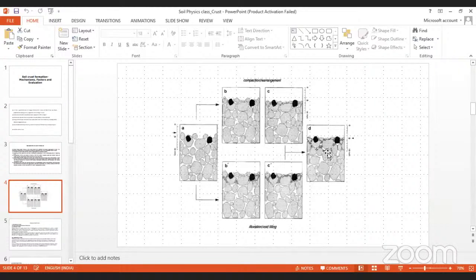After that, when rapid drying takes place, the surface tension force of the soil particles pulls dispersed particles, and a thin compact layer is formed on the soil. You can see here all these pores have been filled by dispersed soil particles, which restricts the movement of soil water as well as air. In that way the soil crust formation takes place.